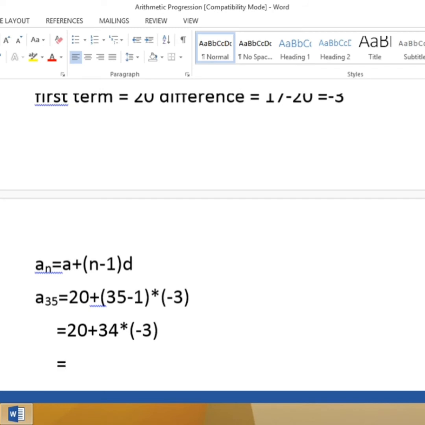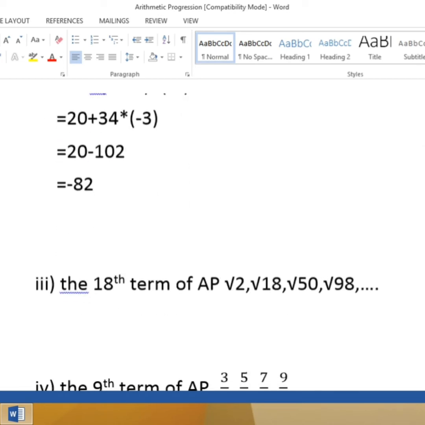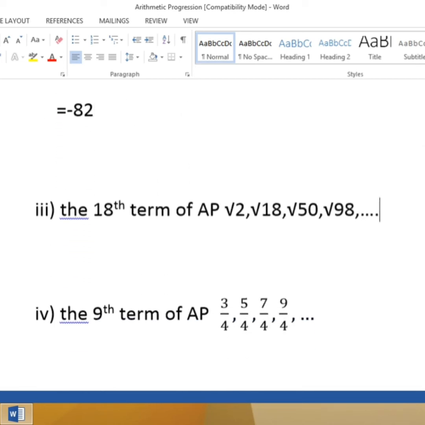So that's going to be 20 minus 102. So the answer is going to be minus 82. So the 35th term is going to be minus 82.